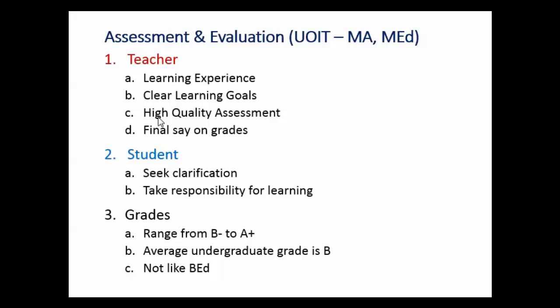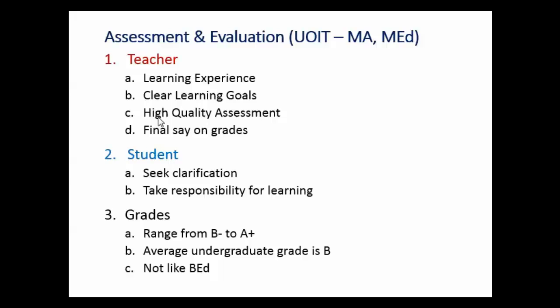Now, it's also important to understand that the average undergraduate grade for our current students is a B. So when students apply to this program, if I look at all the grades over the past 3 to 4 years, the average entrance is a B. So we wouldn't expect our students all of a sudden to shoot up to A and A plus in their performance.